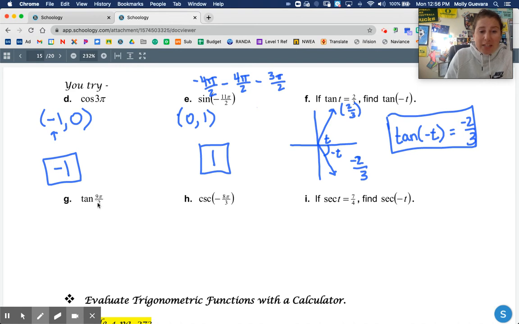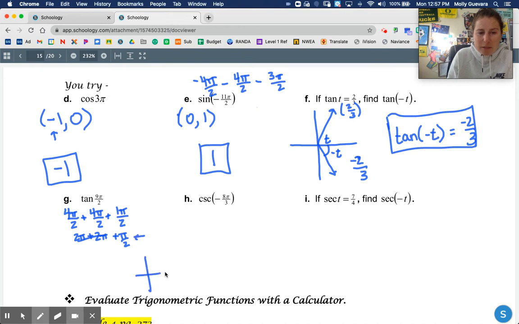Same thing here, 9 pi over 2 is what I'm looking at. So I know that 4 pi over 2 is a 2 pi. Another 4 pi over 2 is 8. And then there's a 1 pi over 2. And that gets me to 9. So this is 2 pi plus 2 pi plus pi over 2. Well, 2 pi just goes all the way around, so I can kind of ignore that and just look at this.